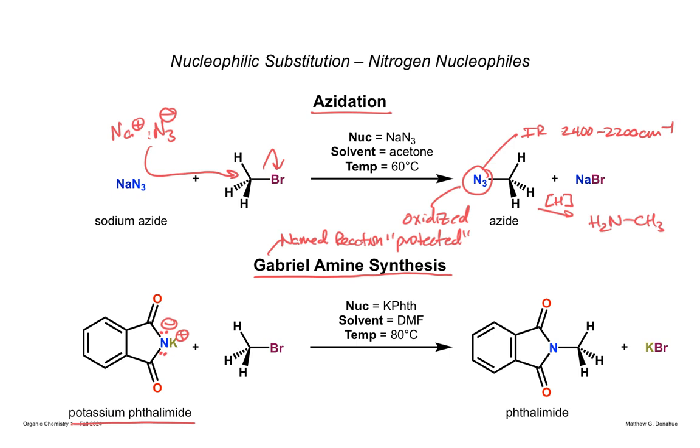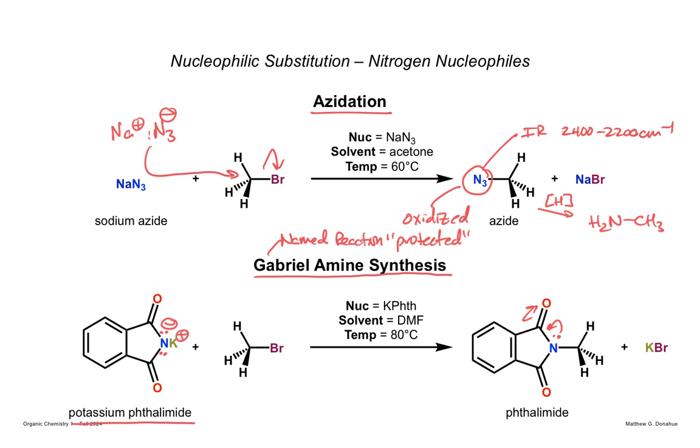And the lone pair that's left over is non-nucleophilic due to resonance. So the nitrogen's protected, and then to deprotect it, you have to run another reaction. But that gets it into the molecule. Any questions on nitrogen?